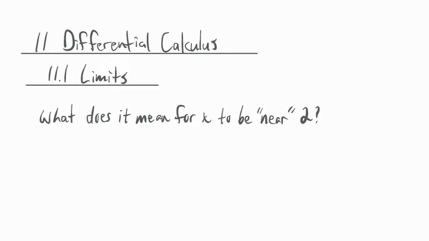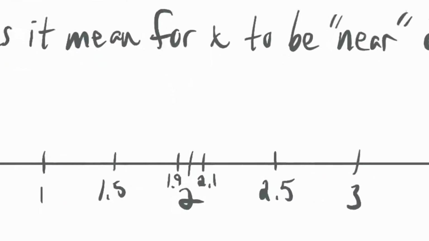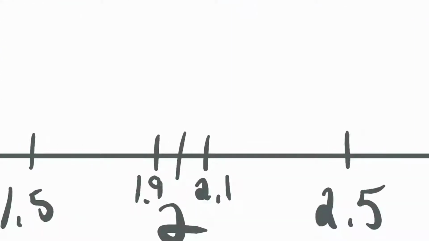So something I want you to think about when we're talking about limits is if I have a number line, I'll put 2 in the middle because I'm focused on the number 2 right now. Then, a number like 1 is close, and a number like 3 is close, but like 1.5 and 2.5, those are closer. And like 1.9 and 2.1, those are even closer, right? And if we could zoom in a whole lot, we can zoom in a little bit.